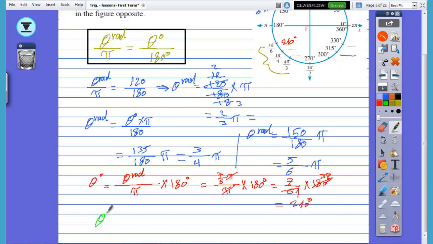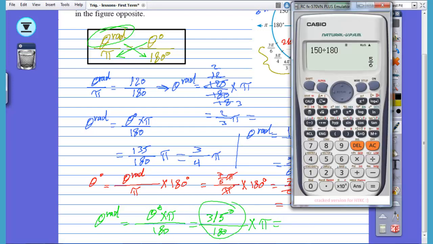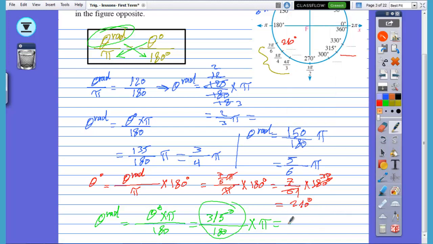Theta radian equals theta degrees times pi over 180. We have 315, which equals 7 over 4. So the result equals 7 over 4 pi.